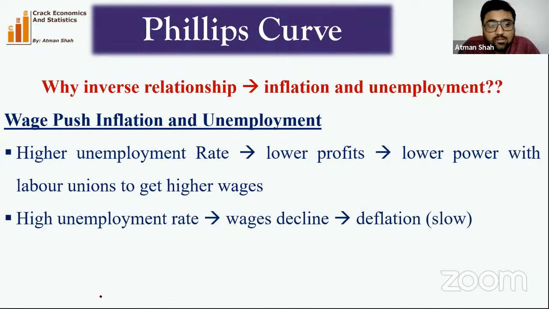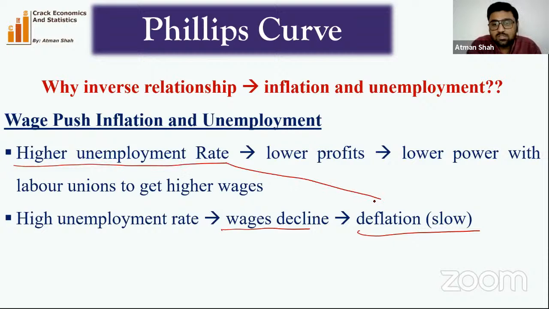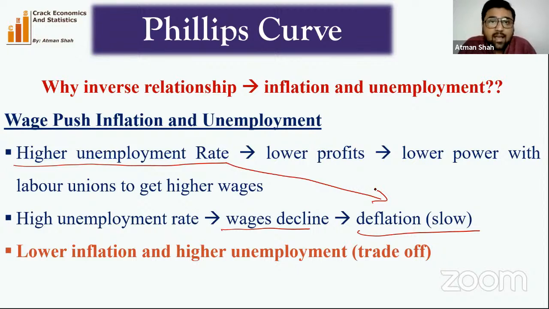So therefore, the higher unemployment rate reduces the wage, which shows the deflation. So this higher unemployment rate is associated with deflation. So again, we have the trade-off between inflation and unemployment.